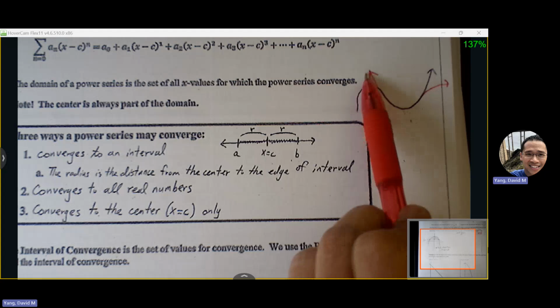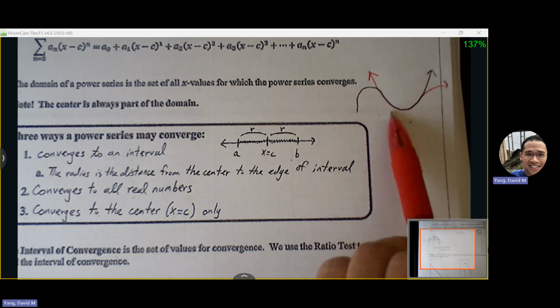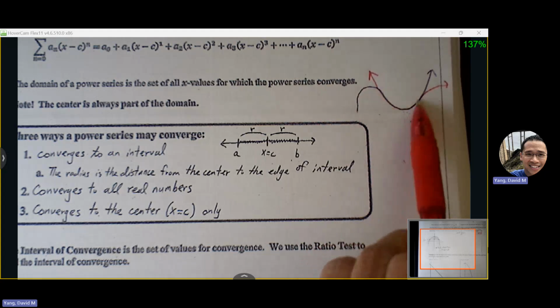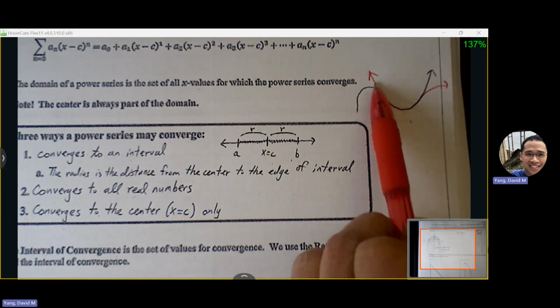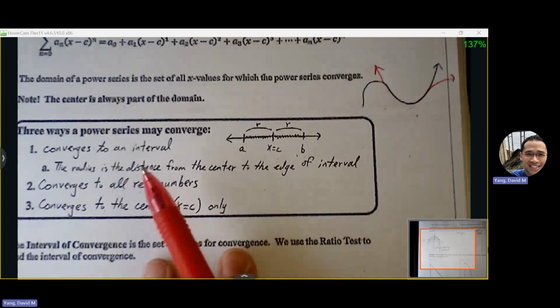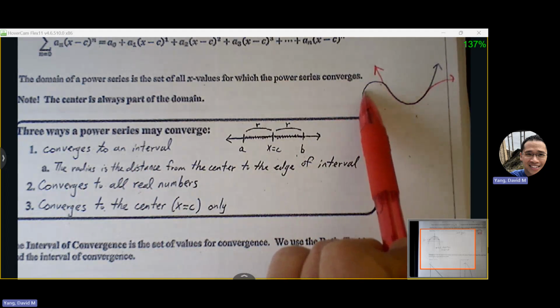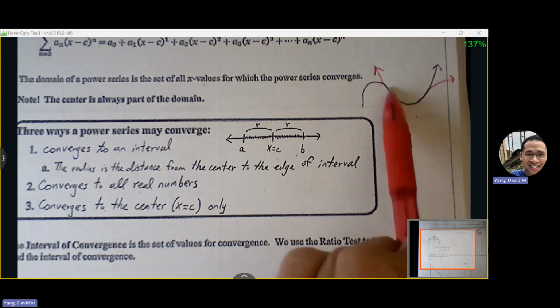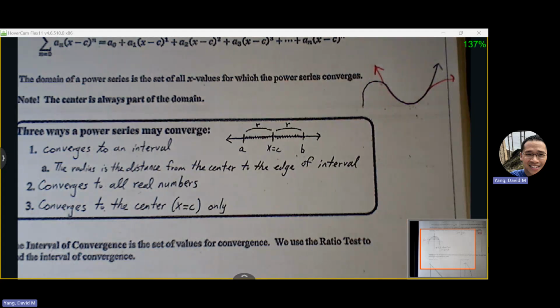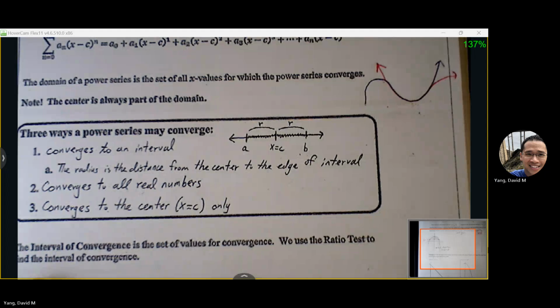And then let's say the power series is able to converge for an interval of values, where it's perfect up to a certain point, but after that it starts diverging. We can say this series converges to this graph between this point and this point. So there's a certain radius, a certain interval, that the power series can match to the graph.